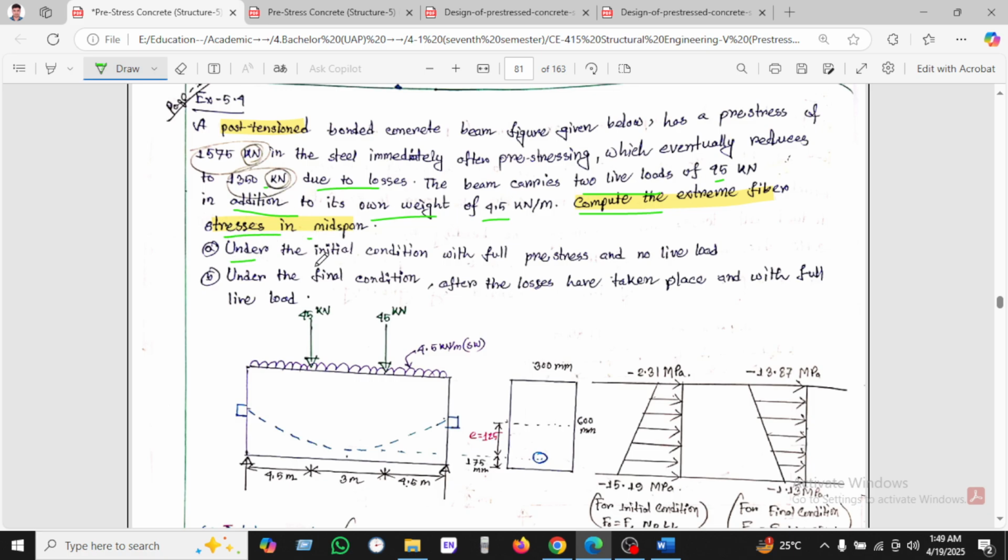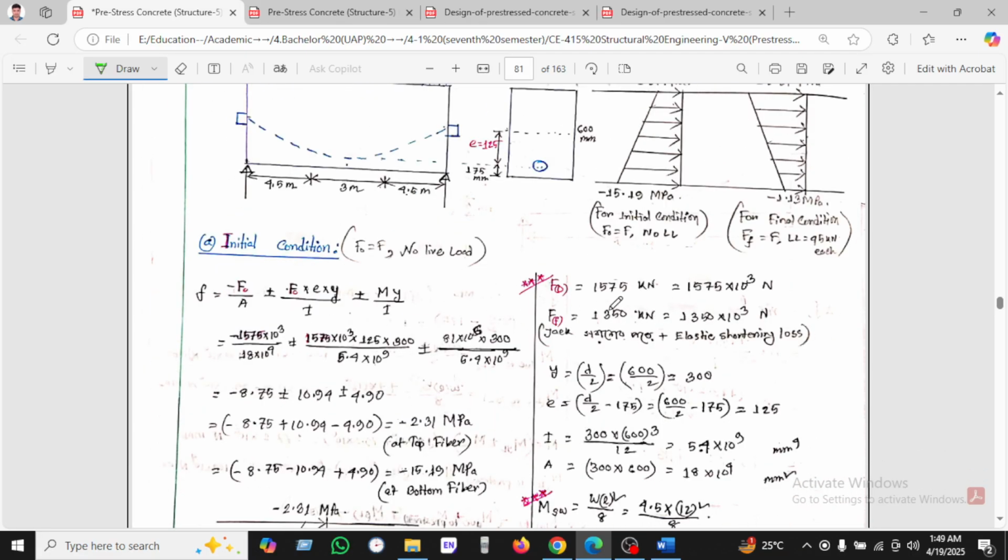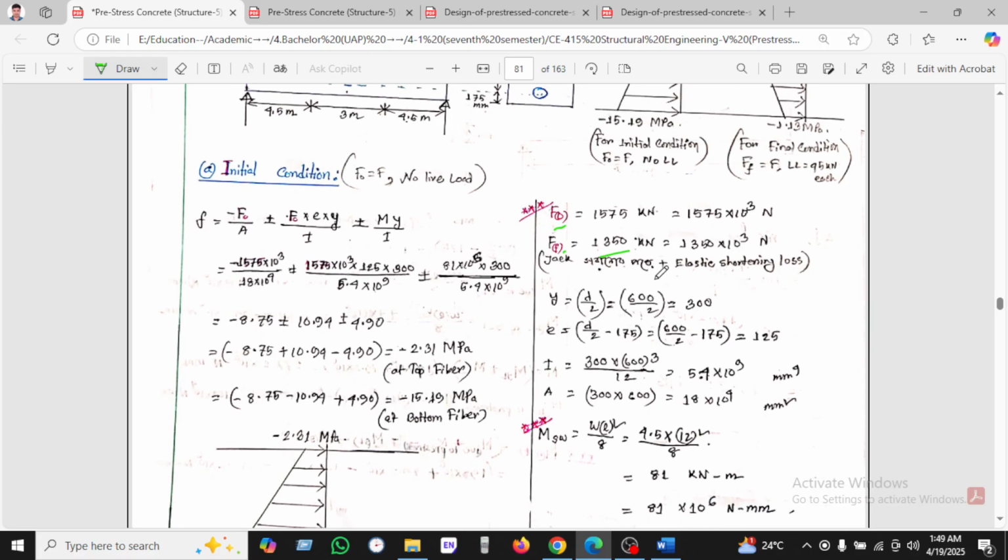Condition 1 is under the initial condition with full stress and no live load, and condition 2 is under the final condition after all losses have taken place, with full load. Okay, so you can see these are the given values. We know the initial force is given there, and the final is given after jacking or elastic shortening.